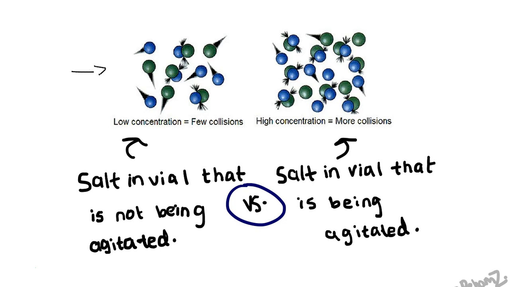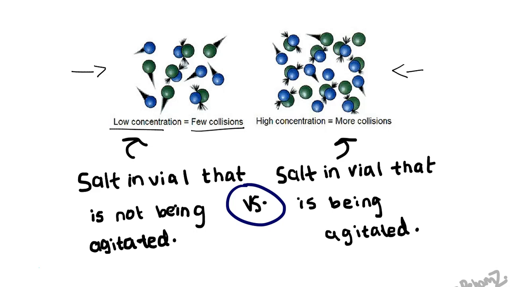There's less collision over here: low concentration, few collisions. So the salt in the vial that is not being agitated has very low outcomes. And the high, like when you stir it up, what's going to happen? It's going to be a lot faster. You'll see a lot more results in that sense. So the rate depends on the frequency of collisions, which is also an element in this lab.